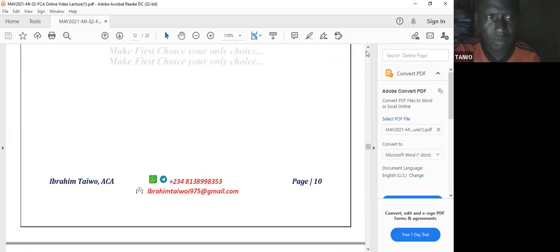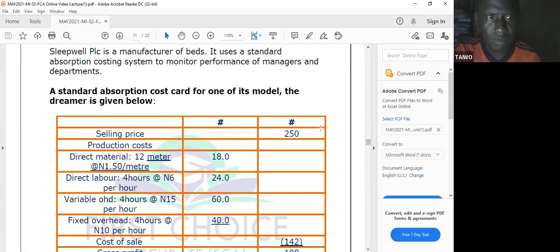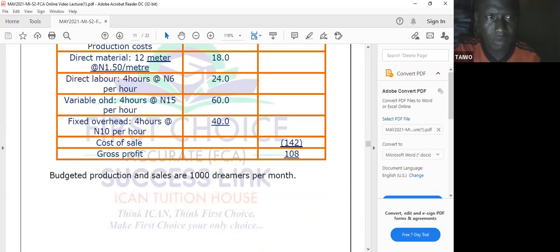Look at the standard profit. Standard profit is 108 naira. You can see the profit is set. That's the standard profit, 108 naira. Then how do we get the sales volume variance?